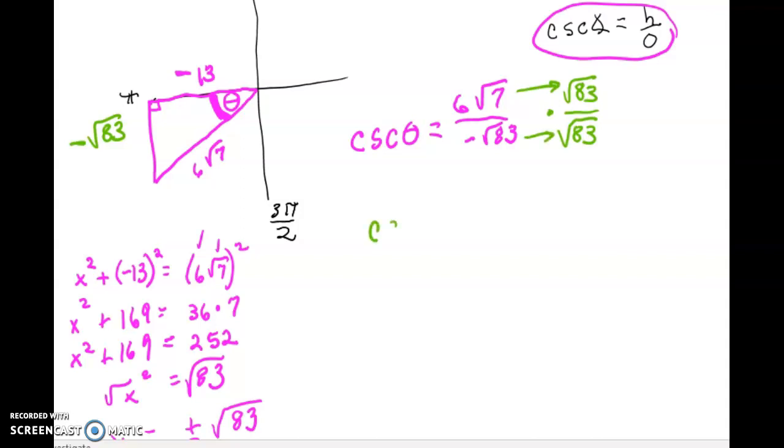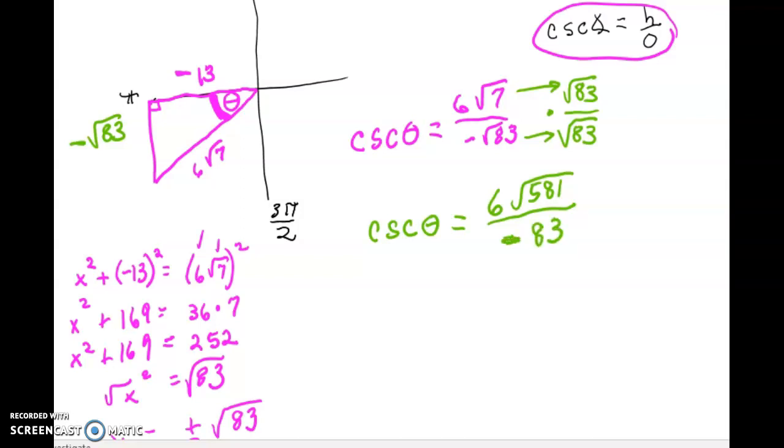When we multiply straight across the top, straight across the bottom, the cosecant of theta is going to equal 6 times the square root of, when you multiply radicals, you multiply the numbers underneath the square root sign. So I'm going to take 7 times 83, and that gives me 581. So I have the square root of 581 over negative square root of 83 times square root of 83, which is just 83.